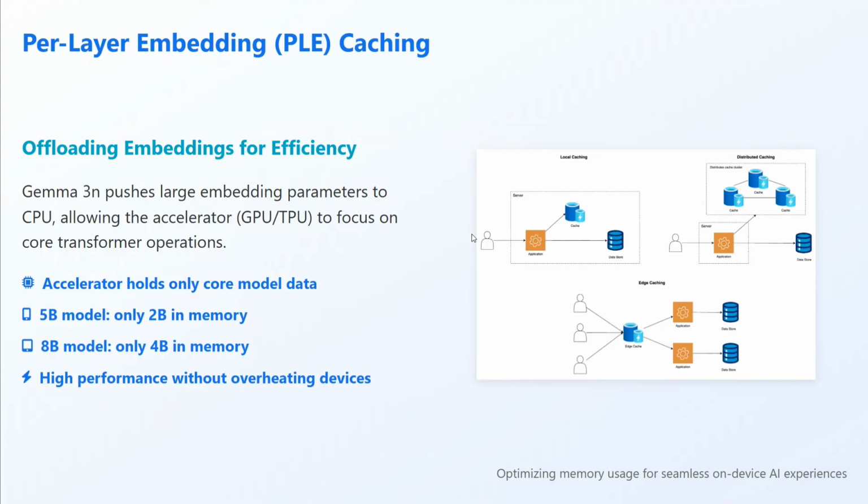For example, the accelerator holds only the core of the model. So a 5 billion model may require just 2 billion of GPU. In case of an 8 billion model, only 4 billion parameters would be sitting in the GPU. High performance without overheating devices. Hence, it is using both CPU and GPU for inferencing.